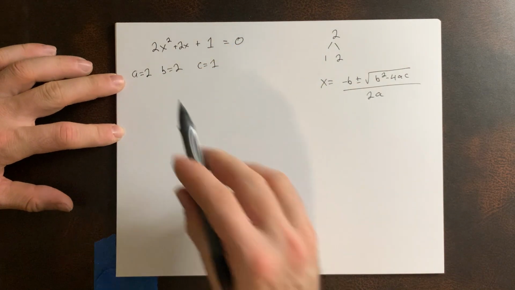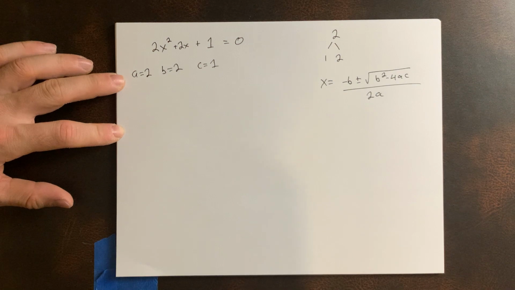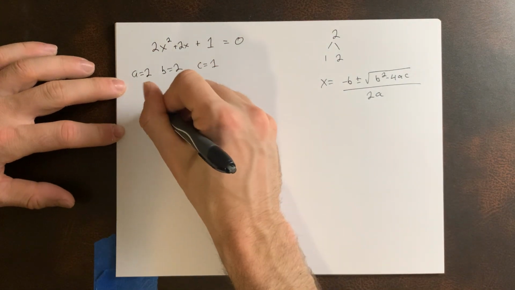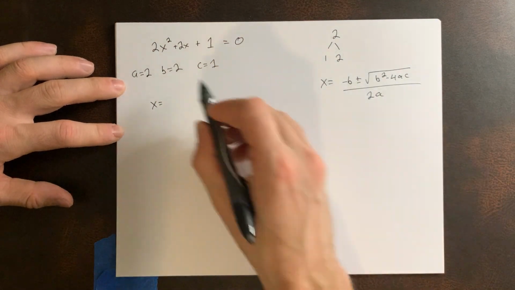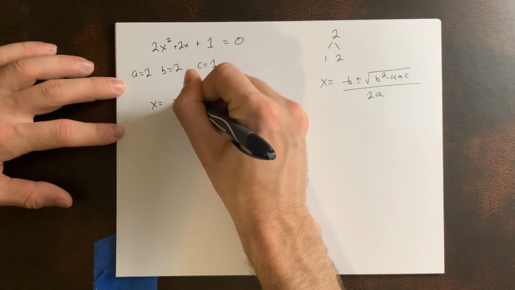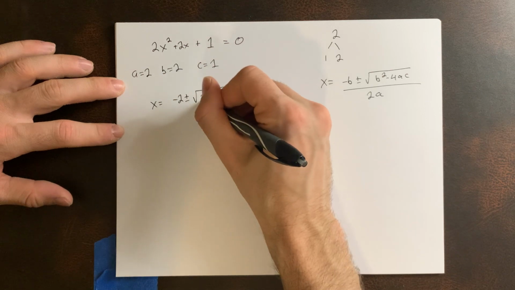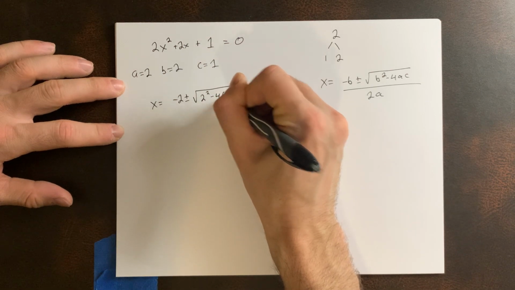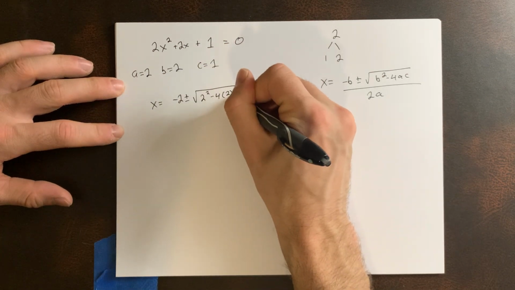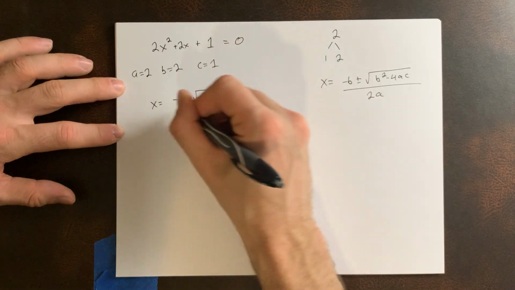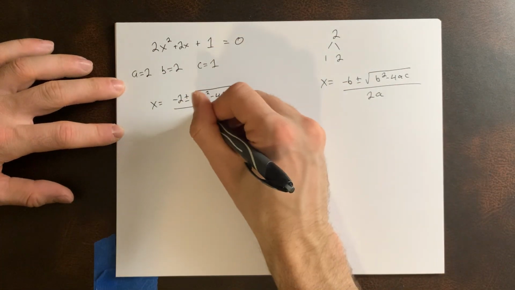So now what we need to do is plug these numbers into the quadratic formula. We're going to get x is equal to negative b, so negative 2, plus minus the square root of b squared, so 2 squared, minus 4 times a, which is 2, times c, which is 1, and all over 2 times a, so 2 times 2.